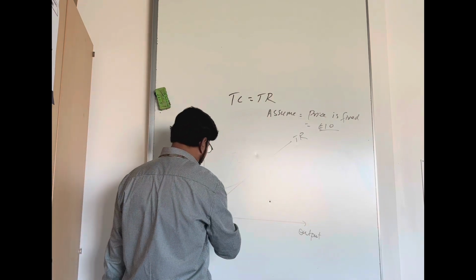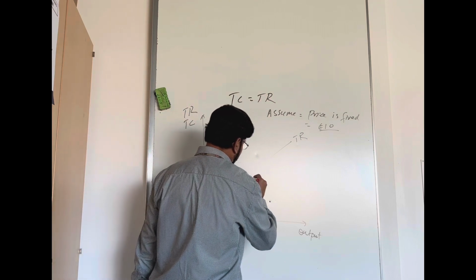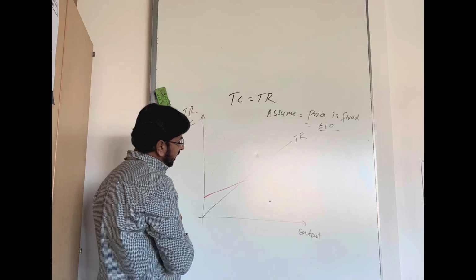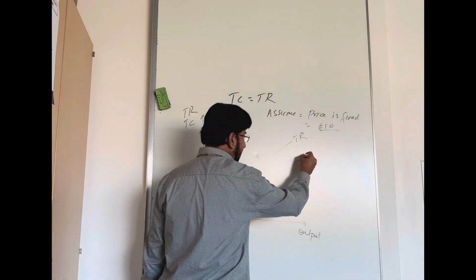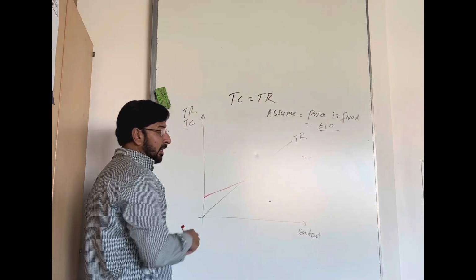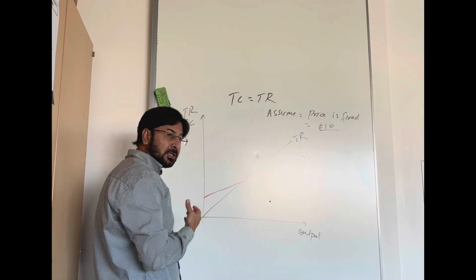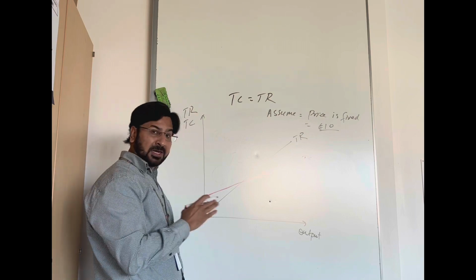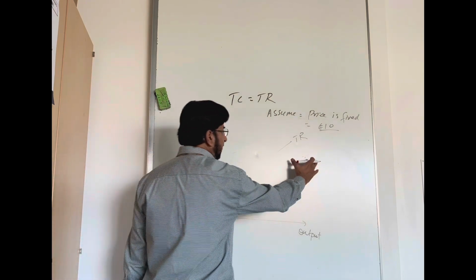I hope that you can see it. My resources are always depleting. You can take it like this. This is your TC. Again, we assume here cost increases with a constant slope, which is a hypothetical situation.